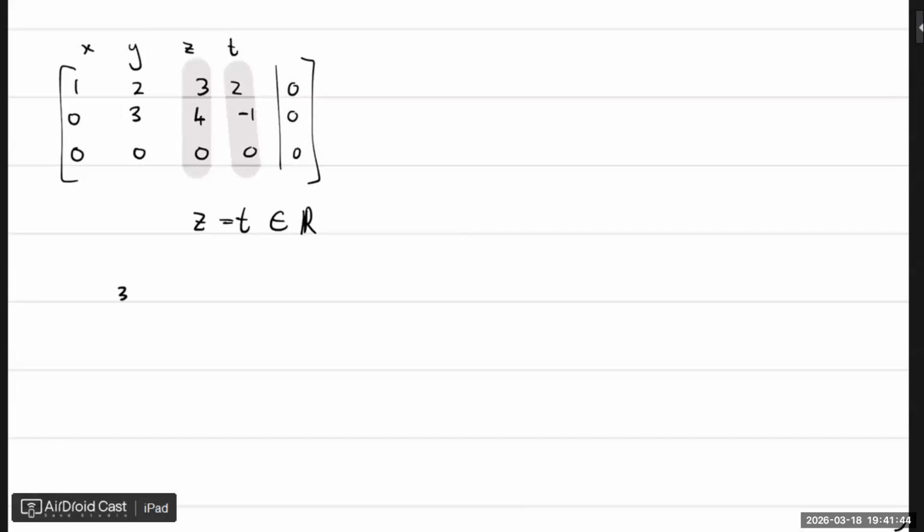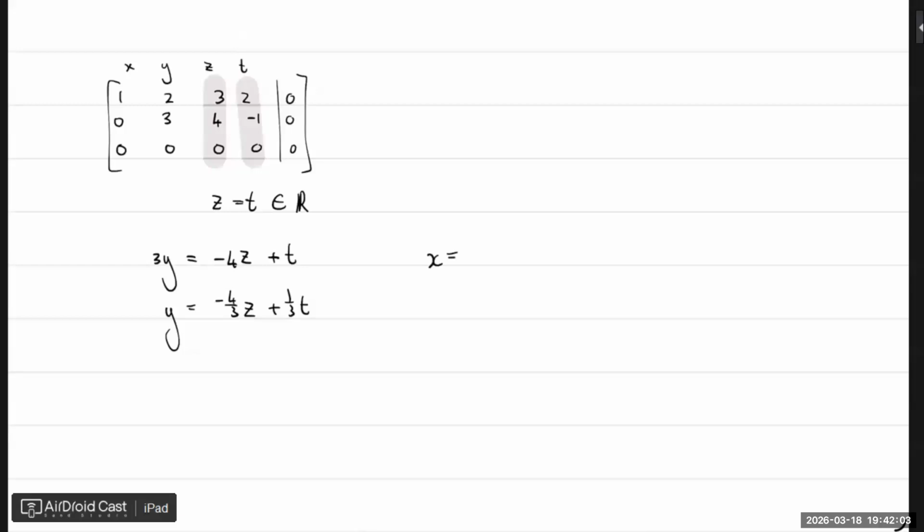So that second one says 3y will eventually be equal to negative 4z plus t. So y is equal to negative 4 over 3 z plus a third t. And that first equation basically said x equals negative 2y minus 3z minus 2t, which is the same as negative 2 times y, and y is negative 4 over 3 z plus a third t, minus 3z minus 2t.